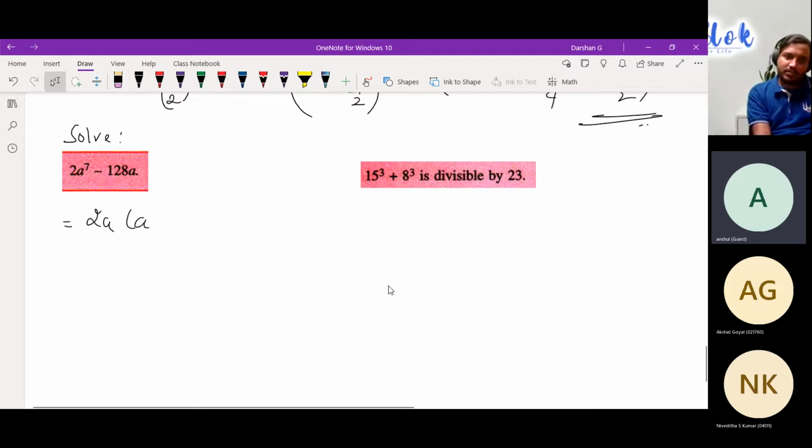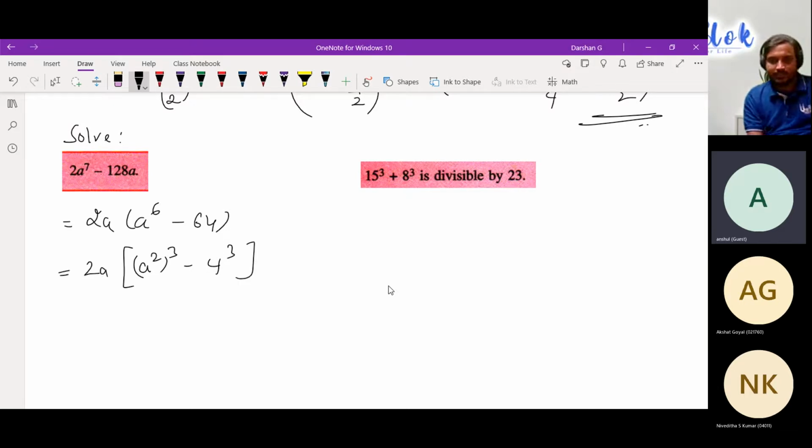Just take 2a common, so it is a to the power of 6 minus, when I take 2 common, it is 64. From here we can express in the form of square and finish it off. So it is a cube the whole square I can take. So this can also be written as, I want cube, right? So I can just interchange. So 4 cube. Expand this, you'll get your answer. Any doubts? Okay. So yeah, next one.